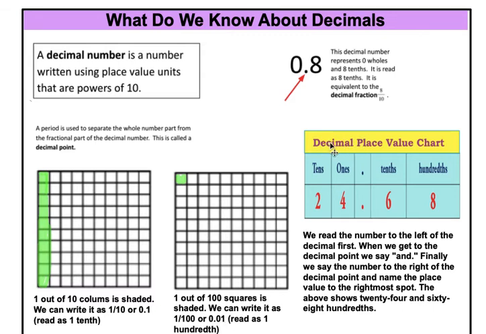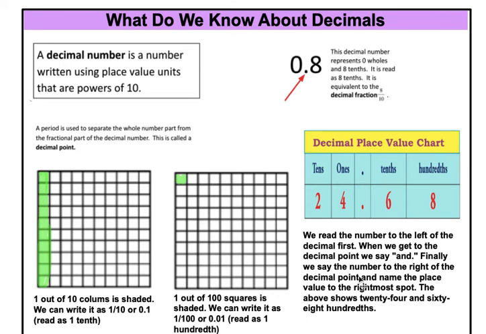And lastly, just to go over the decimal place value chart, here you have the tens column, ones column, you have a period, the tenths, and the hundredths. So we read the number to the left of the decimal point first. We read the whole numbers first. When we get to the decimal point, we say and. So whenever we see that decimal point, we're going to say and.